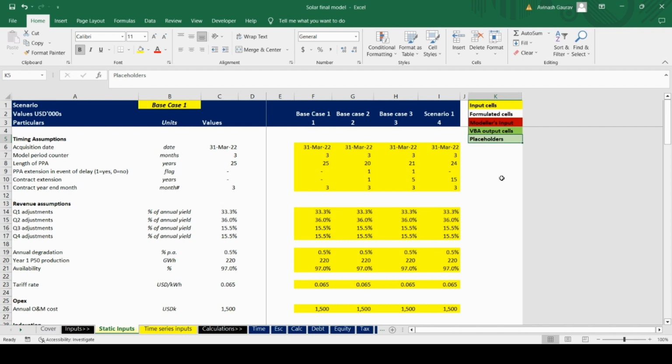It should have a color code which is consistent across the model, right? So you guys need to take care of these things.